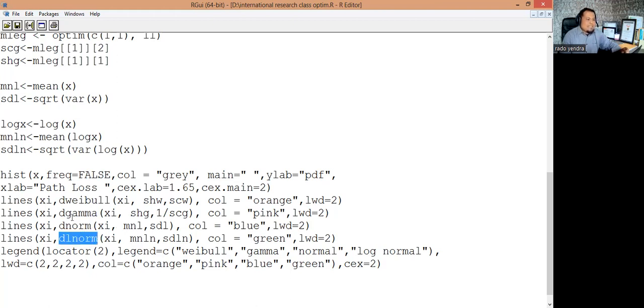For the density Weibull, we must use xi, not X again. Xi is the sequence of data starting from 0 until two times the maximum data, with a step of 0.01. We must give a lot of points to make the best picture, a good smooth picture of the density function. Okay, let's run our program.